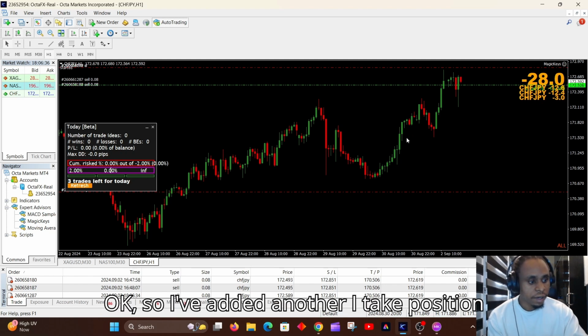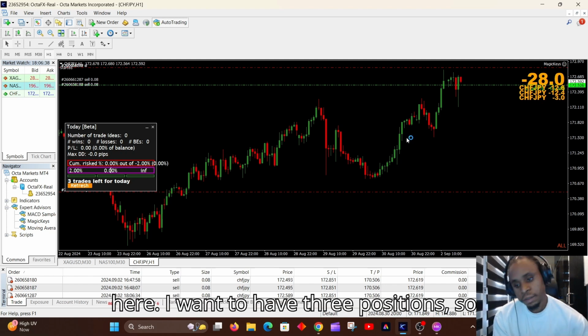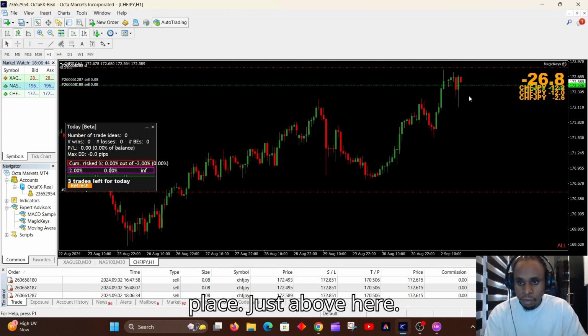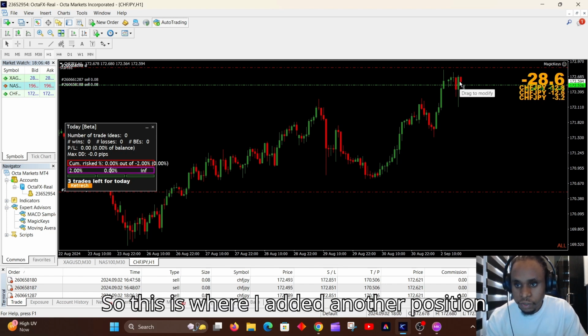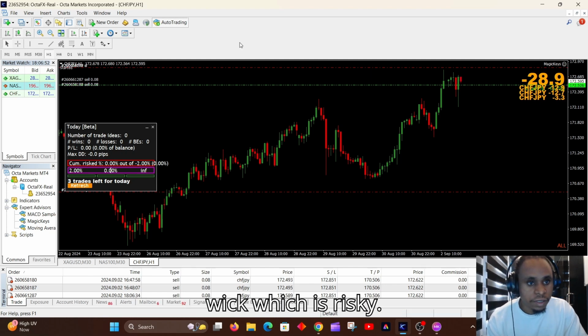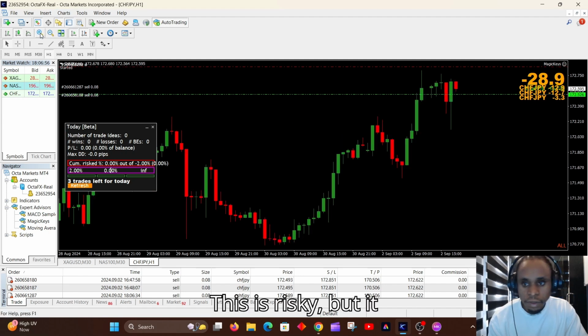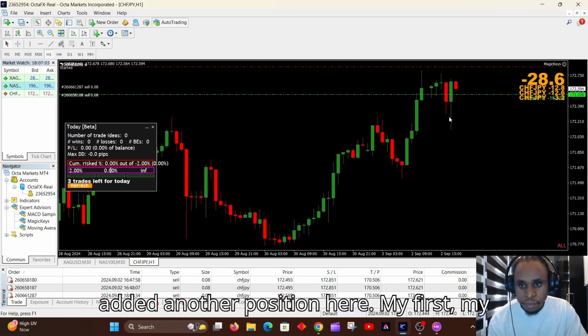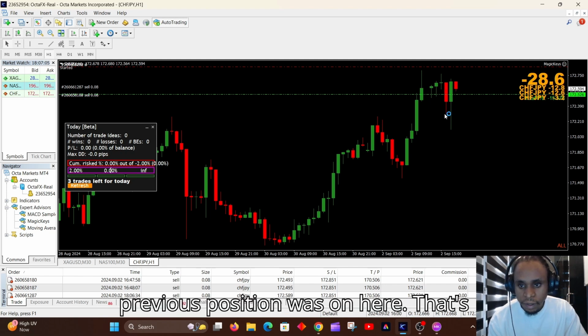Okay, so I've added another third position here. I want to have three positions, so that's why I added just close to that place, just above here. This is where I added another position, and the market does not have an upper wick, which is risky. This is risky, but it is what it is. My previous position was here.